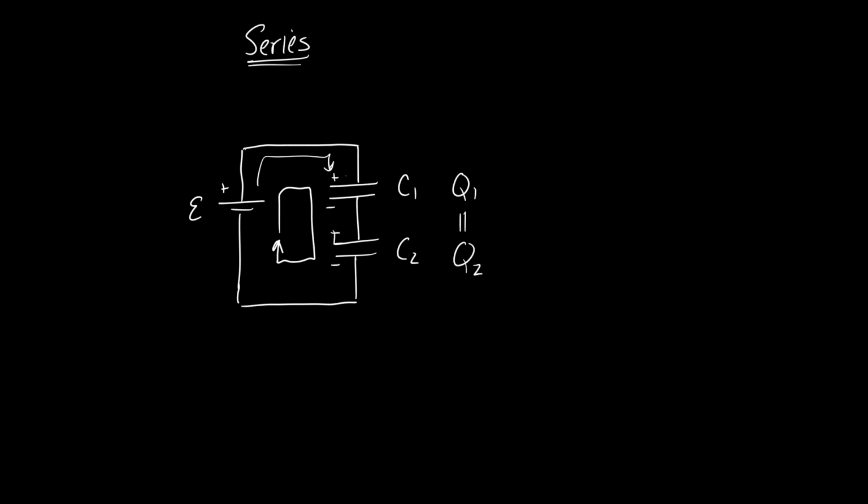So when we go in the direction of the loop I've just drawn, starting with the battery, we're going from the negative to the positive side of the battery. That is an increase in potential. So we would make the battery positive.